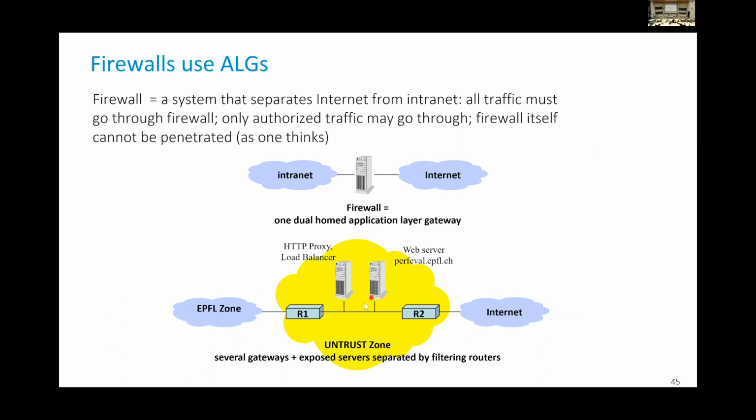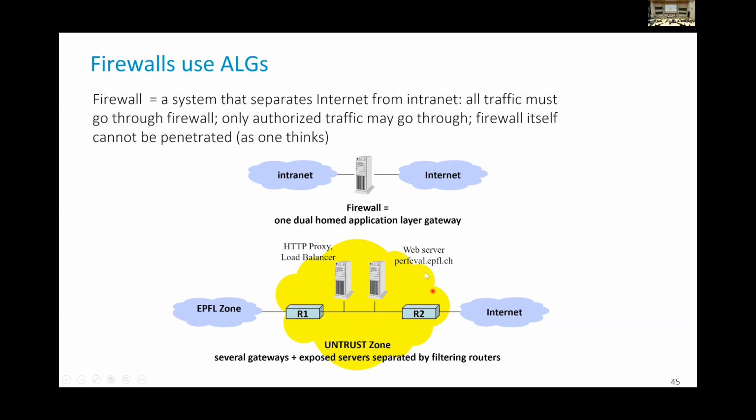You will need to be inside, which can happen via the VPN, but cannot happen natively here. But the filtering rule of R2, for example, will allow all traffic that is going to one of the servers that is exposed in the untrust zone, and only this. It will not allow, for example, someone to send a packet to another address that would be here and have this packet enter this domain here.